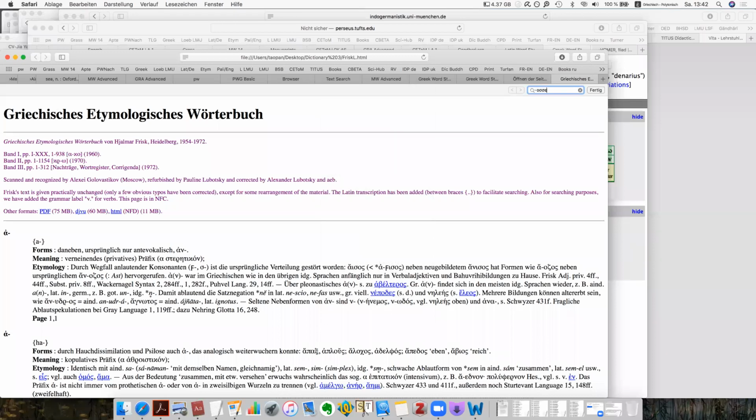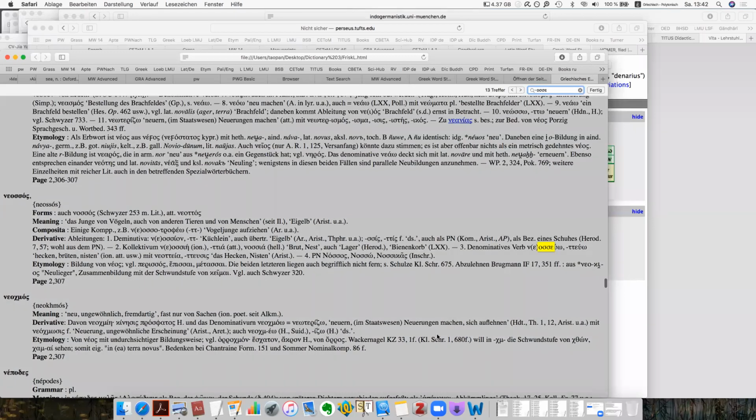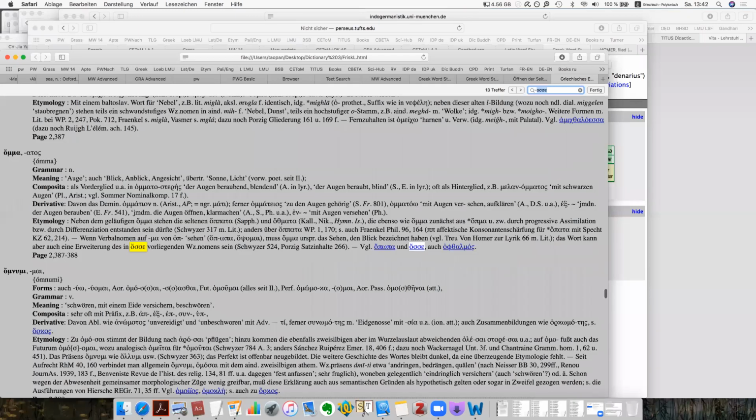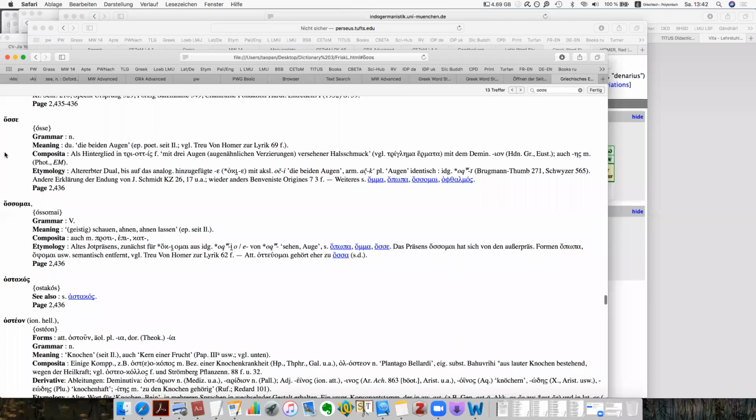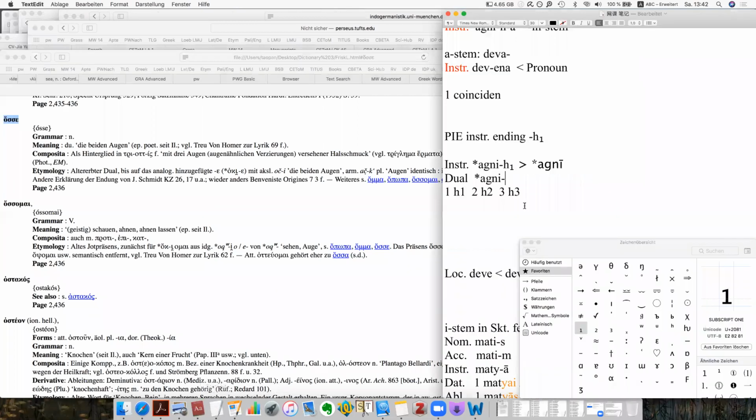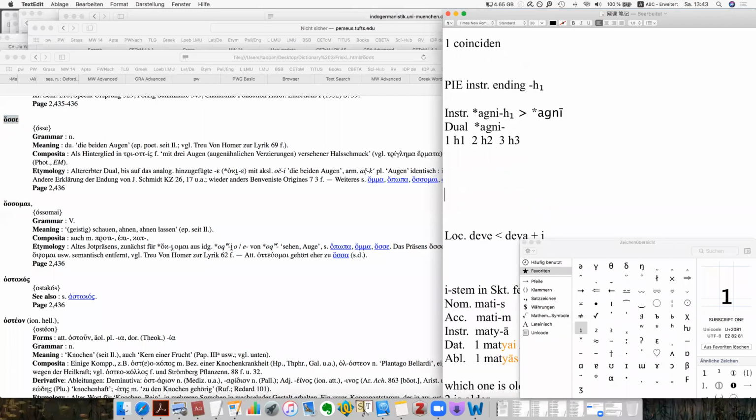So this word is called osse. So let's check this word. There's a word in Greek. I think some of you can read German, right? So there's a Greek word called osse. What is the meaning of osse?